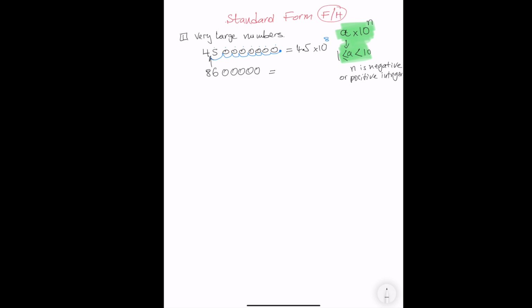So this will be 8.6 multiplied by 10 to the power of 1, 2, 3, 4, 5, 6, and put 6 here. Right now we are going to move on to converting very small numbers into standard form.